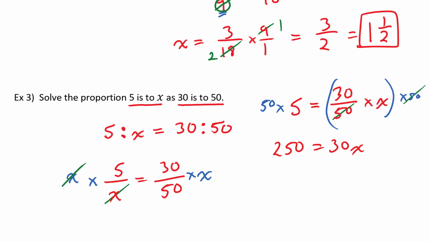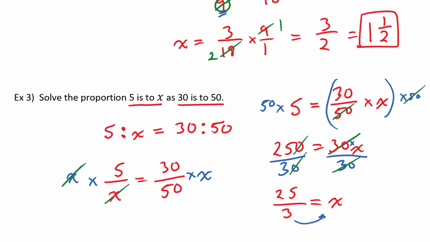X is a variable. So in this case, I want to get rid of the 30. I'm multiplying by 30, so I divide both sides by 30. And you can see 30 on the top, 30 on the bottom, they cancel out. Over here, I can take a 10 out of the top and the bottom by canceling out one of those zeros. And then I have 25 over 3 equals x. It doesn't really matter on what side you have the variable and the number. I prefer to have it on the opposite side.